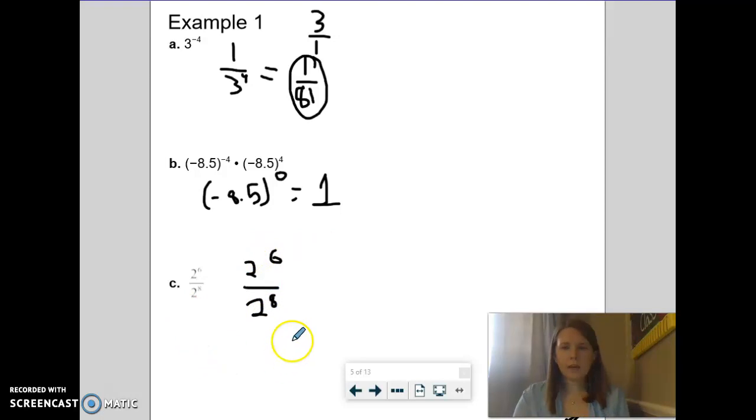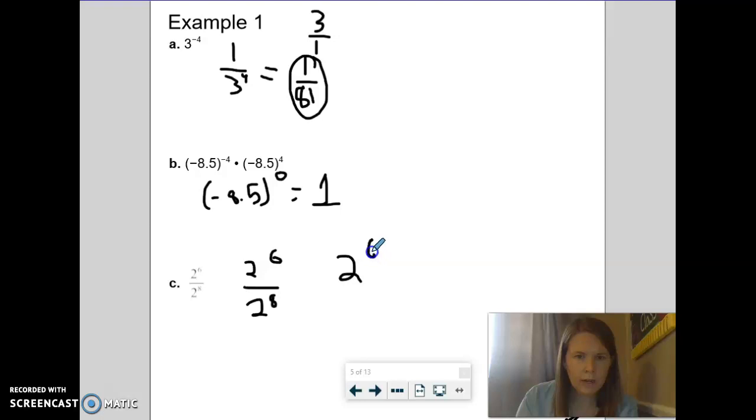So when we were talking about dividing your powers, if they have the same base, it means that you subtract these powers. So really I'm going to have the base of 2, and I'd have 6 minus 8. Now, remembering your integer rules, 6 minus 8 means that you're going to have a negative number. So I would have 2 to the negative 2.